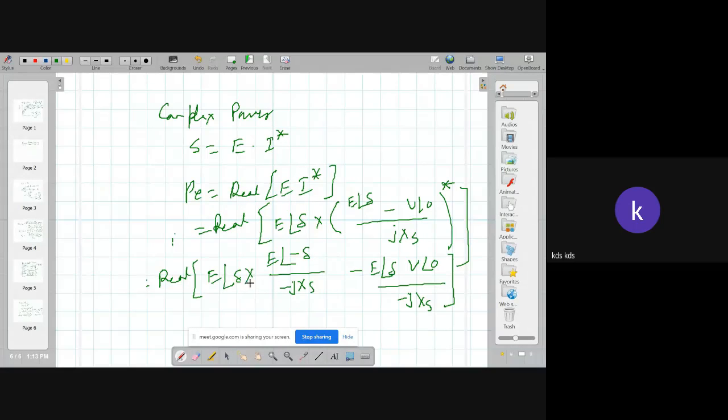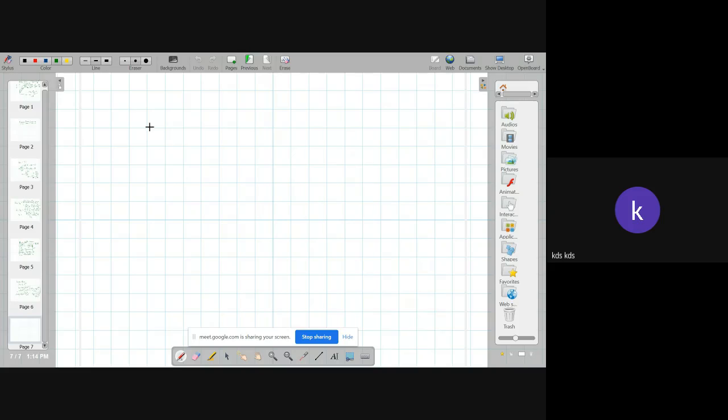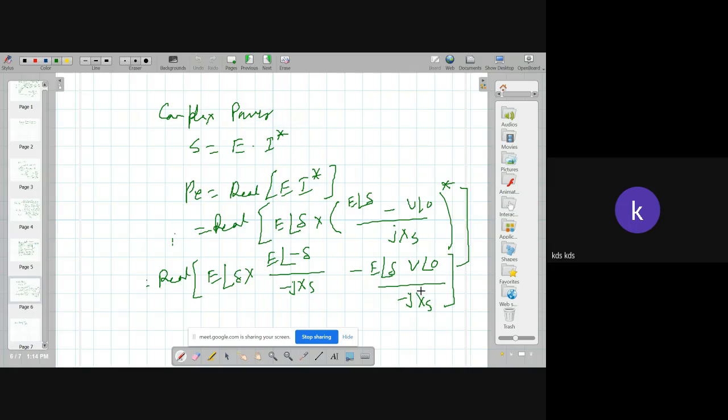So E angle delta multiplied by E angle minus delta divided by jXS, delta minus delta becomes 0, it becomes E square by minus jXS. So PE is given by the real value of E square over minus jXS, and then here it becomes E angle delta by minus jXS.